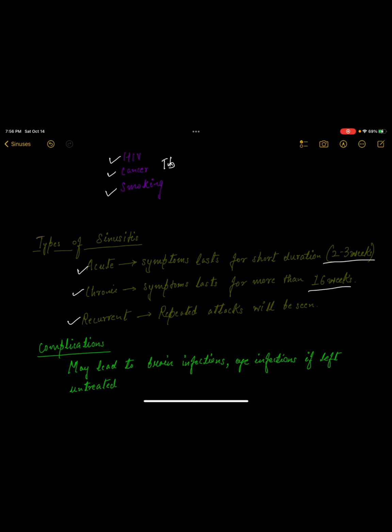And now the complications. If the symptoms of sinusitis are left untreated, then complications will be seen.